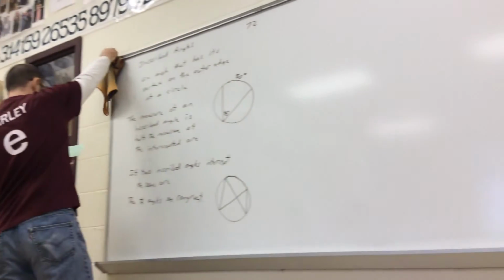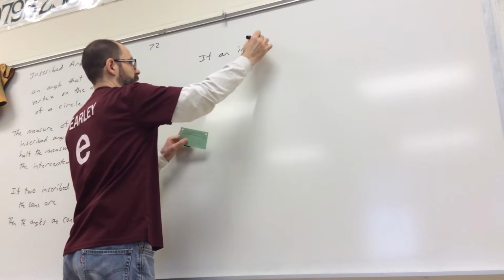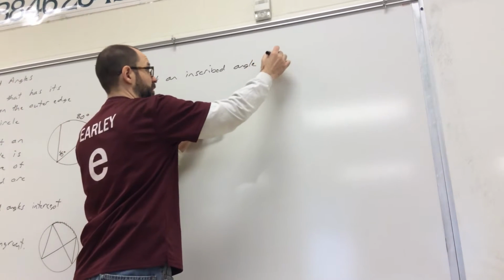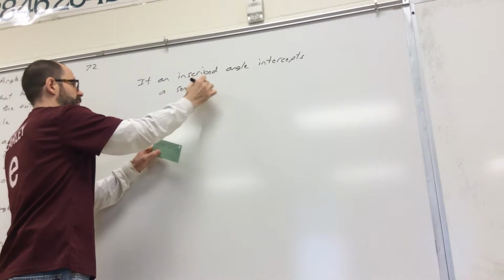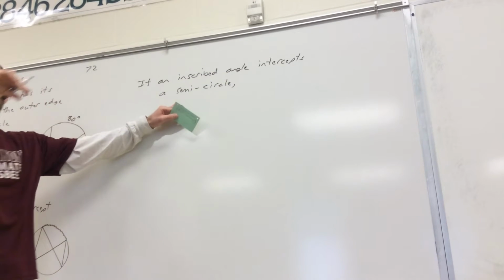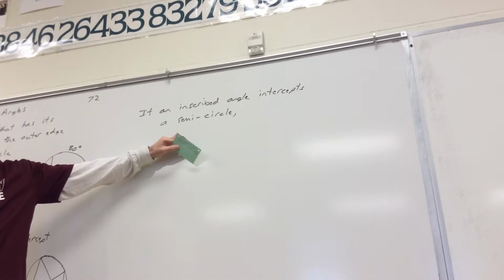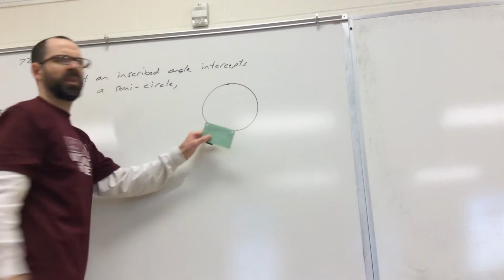Okay, one more theorem. This one says, if an inscribed angle intercepts a semicircle. What's a semicircle again?